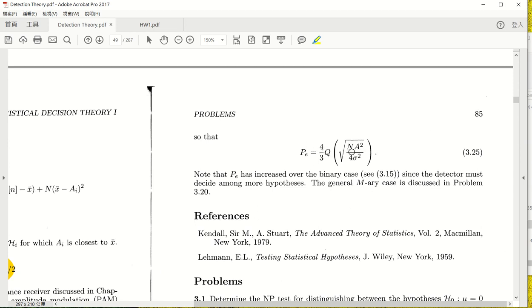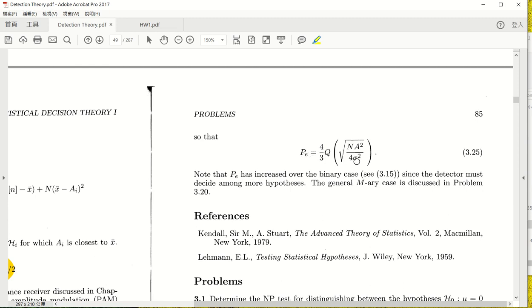Now, is it reasonable? Think about it from an engineering perspective. It is. How come? If the signal strength, which means A, is larger, then you get a larger numerator, and you get a smaller PE. That is reasonable, right?